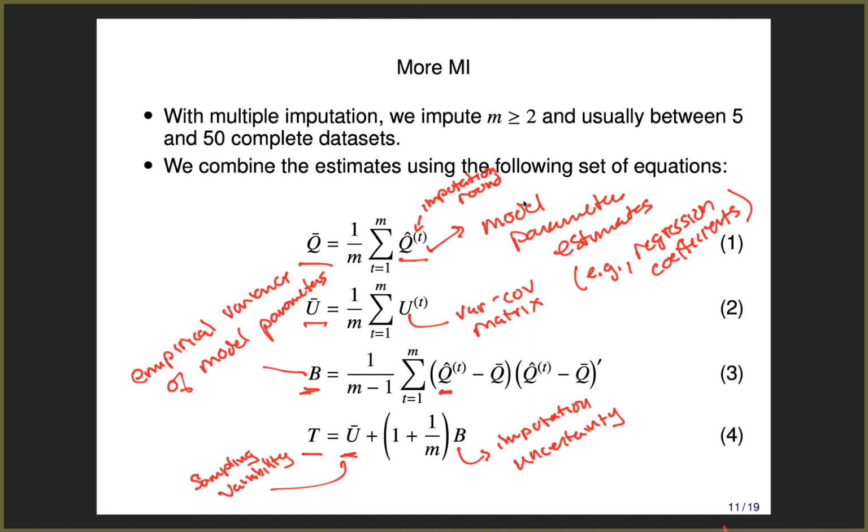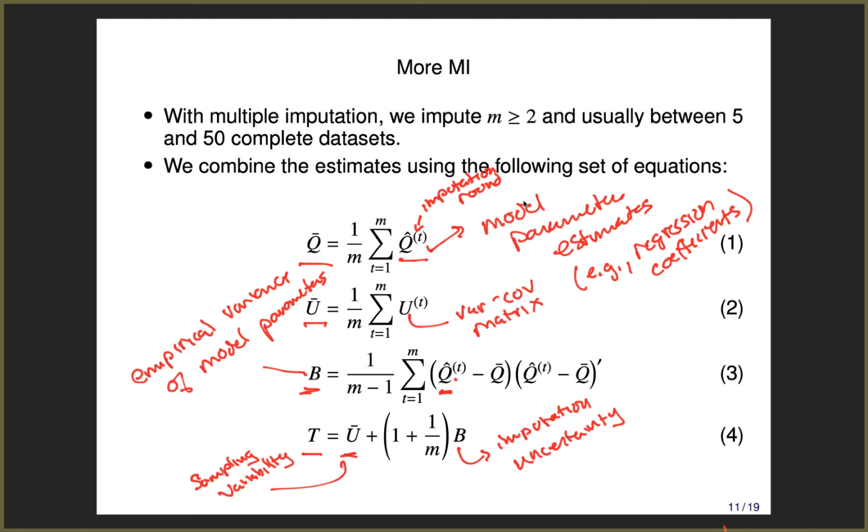Note that if we had completely observed data and we did this 50 times, B would be exactly 0, because every value of Q would be exactly the same. The coefficient for age in our model would be exactly the same every time because we had completely observed all of the data.